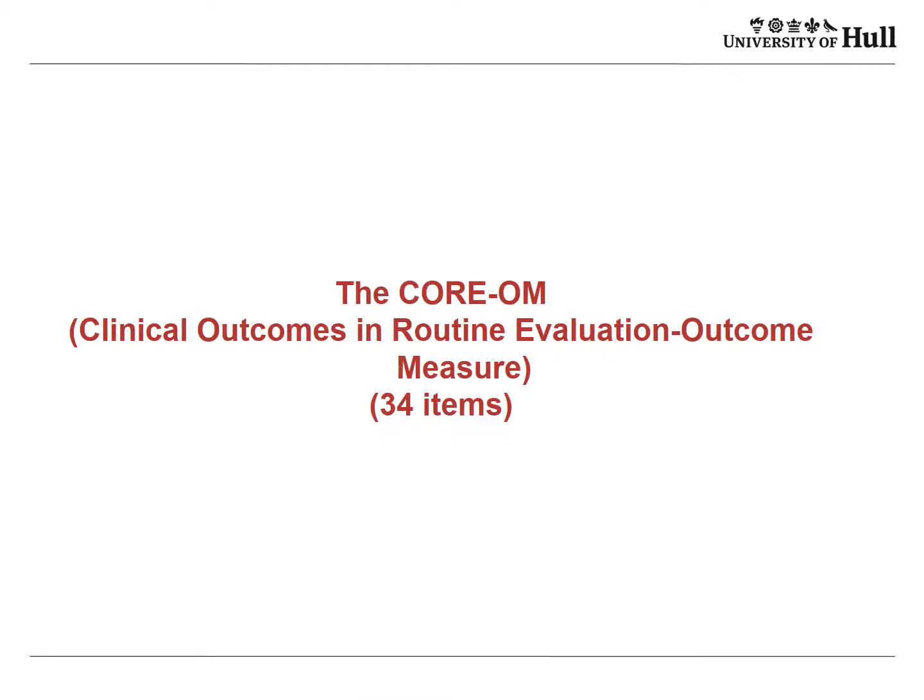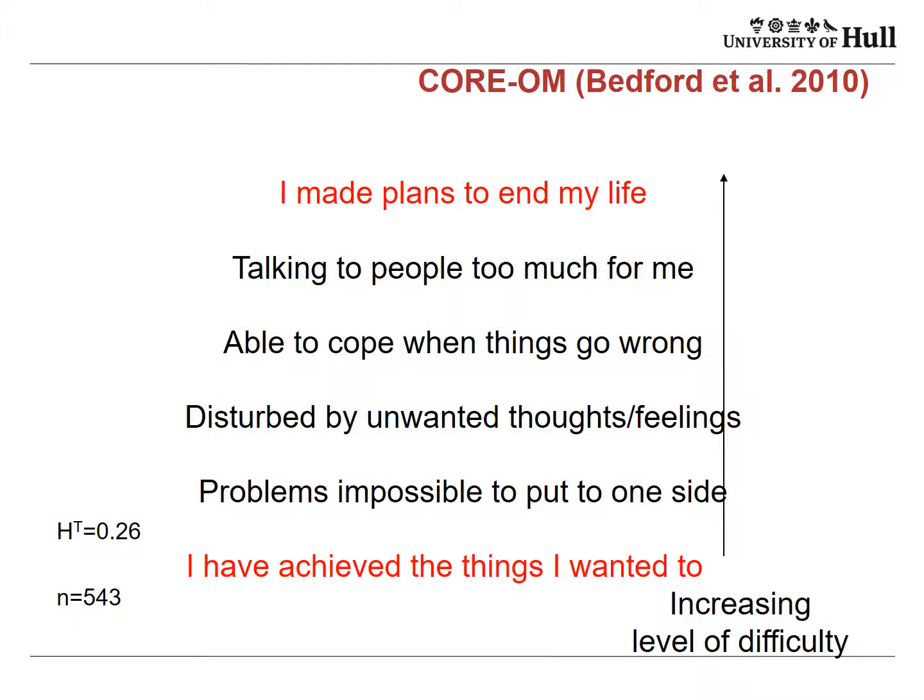For the Clinical Outcomes in Routine Evaluation outcome measure, or the CORE-OM 34 items, we found that 6 or 7 of these Mokken scaled, and again the increasing level of difficulty went from 'I've achieved all the things I wanted to do', which is actually negatively scored, through to having made plans to end my life. Again, you see this familiar extremes at the end of the scales, and a sensible hierarchy of items in between.